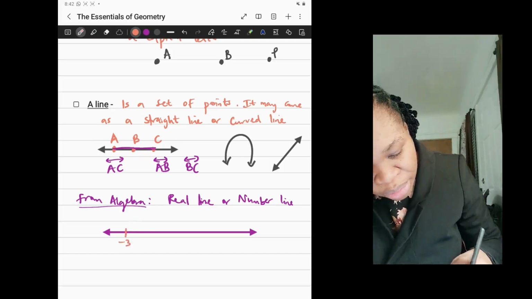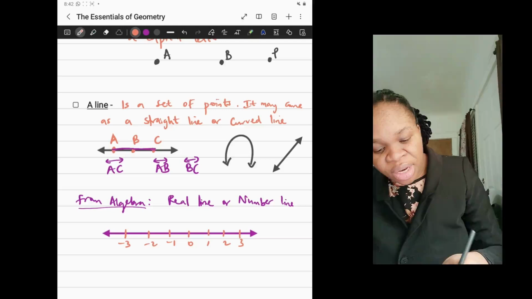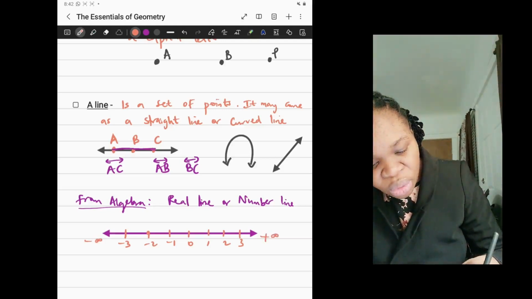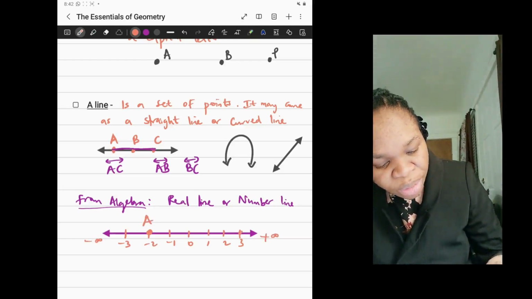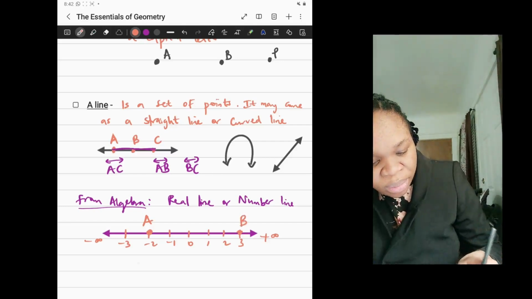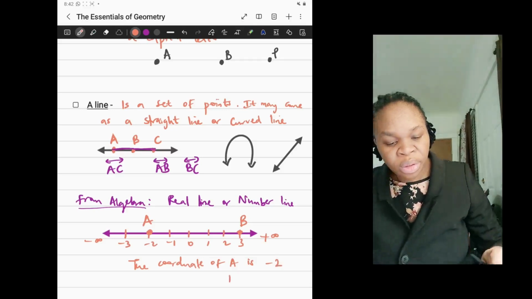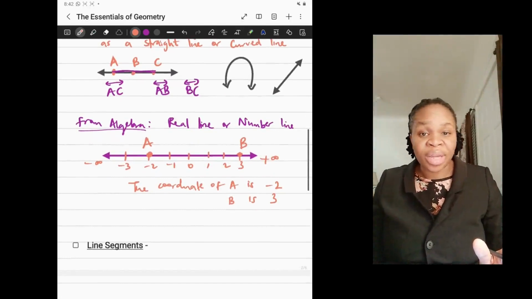We can say -3, -2, -1, 0, 1, 2, 3. It ranges from negative infinity to positive infinity. So I can call -2 to be my point A, and I can call 3 to be my point B. So the coordinate of A is -2, and the coordinate of B is 3. So we can see that this line also is related to real numbers and the real line in algebra.